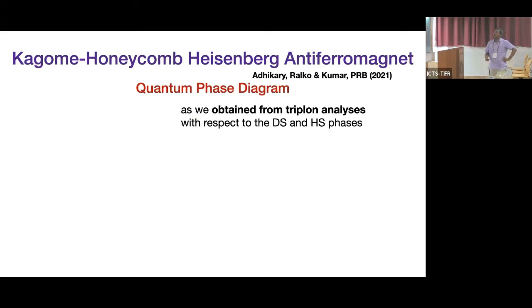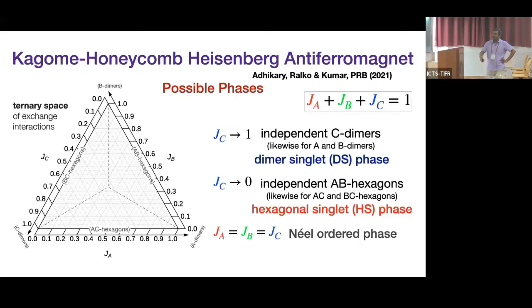So now let us discuss the phase diagram. We will discuss the phase diagram in this so-called ternary space. It's just convenient to think of it, so it's basically satisfying this constraint A plus B plus C equal to 1.